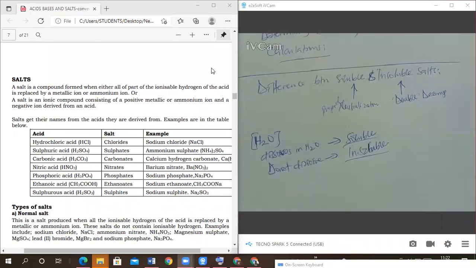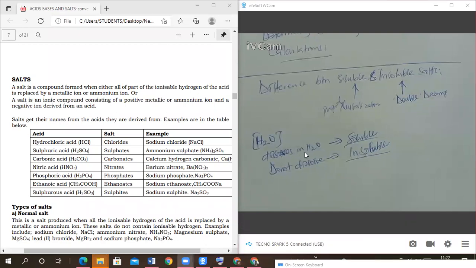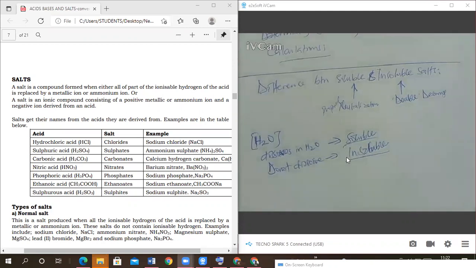So if the salt does not dissolve in water, that salt is considered insoluble. So the difference is soluble salts dissolve in water, insoluble don't dissolve in water. Or any other organic compound, if it doesn't dissolve, that salt is considered insoluble. If it dissolves, then it's called soluble.